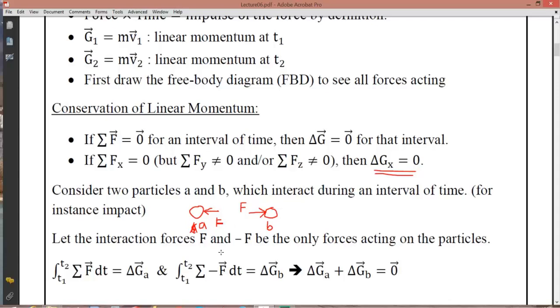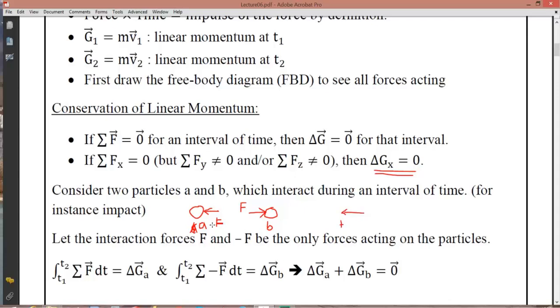So if the interaction forces are F, and let's say that we choose this as the positive direction. In the example that we have it is the opposite, so let me just be consistent with that. In the other direction, let's say this is the positive direction.